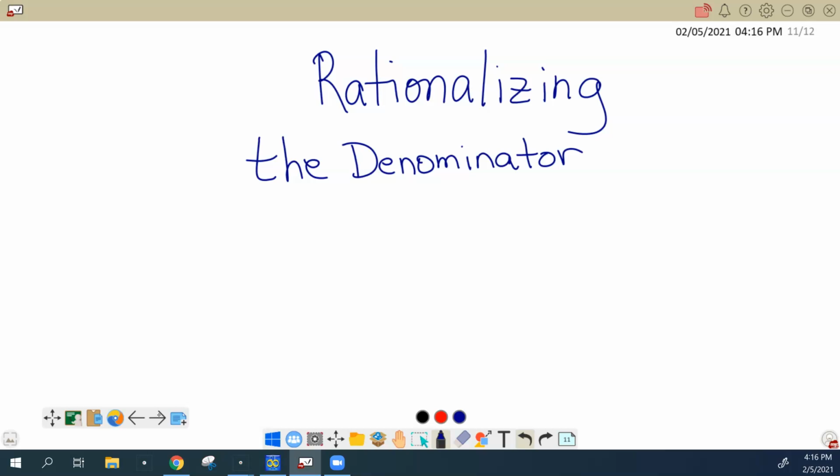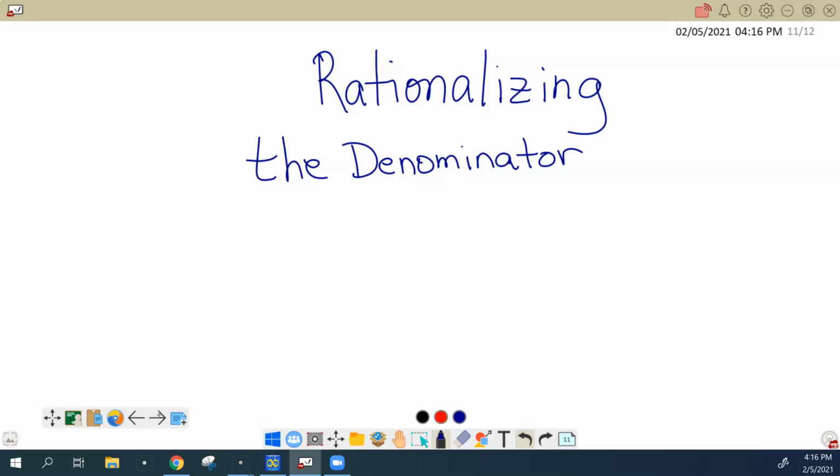And there's a funny story to that I will tell in class, but I don't want to take the time to do it now as to the reason why that is. But we don't do it. So this is the procedure for how to get rid of a radical in the denominator of a fraction.